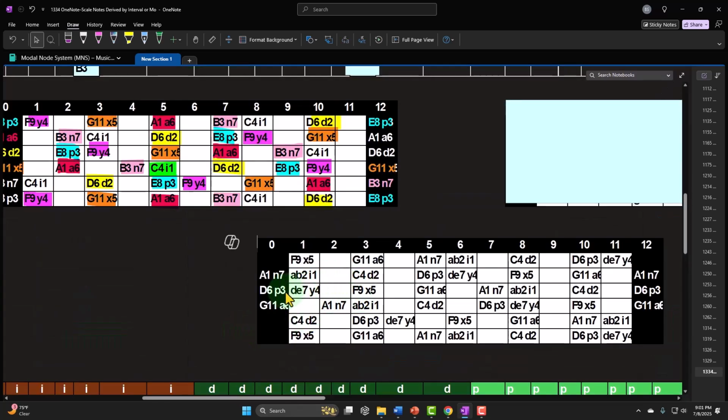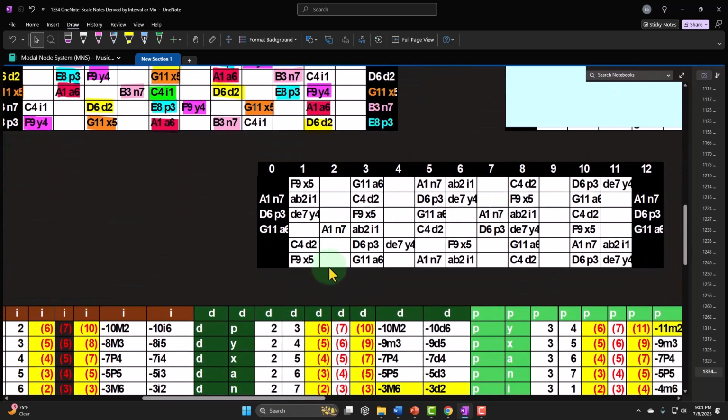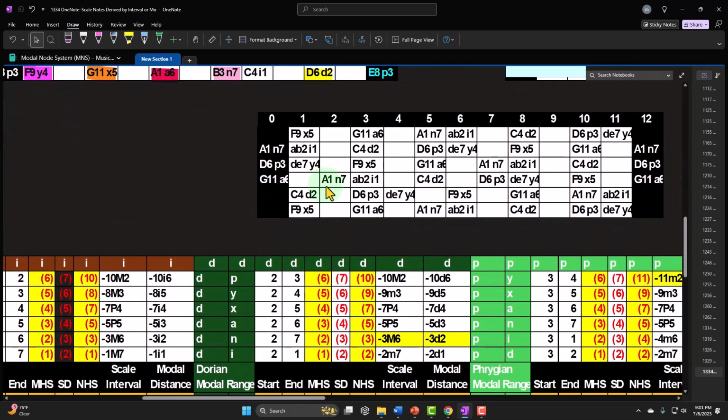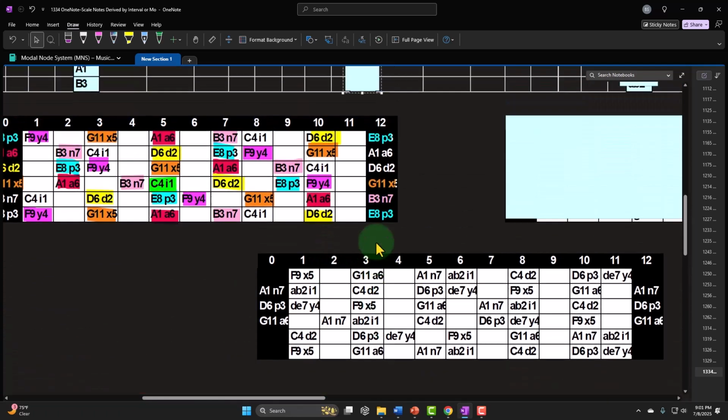So let's just measure a few. This time, we're going to measure around the Dorian node, but it's going to be the collection of notes around a D Dorian. No, around the C Dorian. So I'm going to make it a C Dorian instead of the D Dorian, which means we're going to have a different collection of 7 notes that we'll measure out on this one.